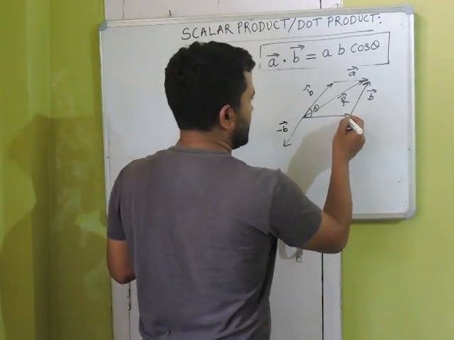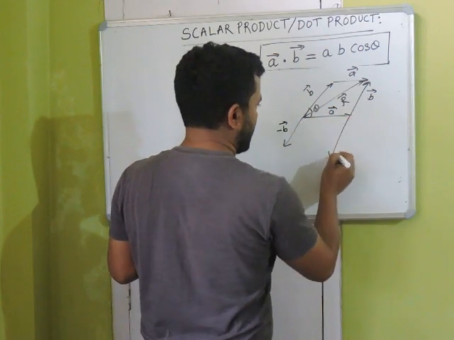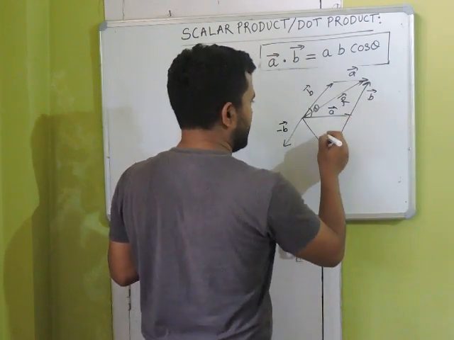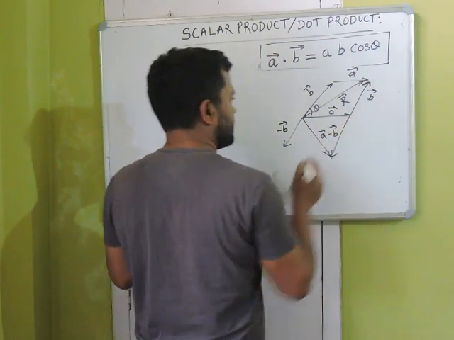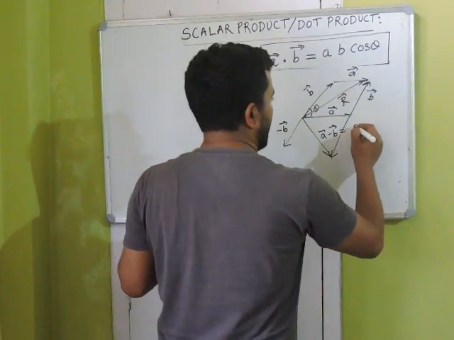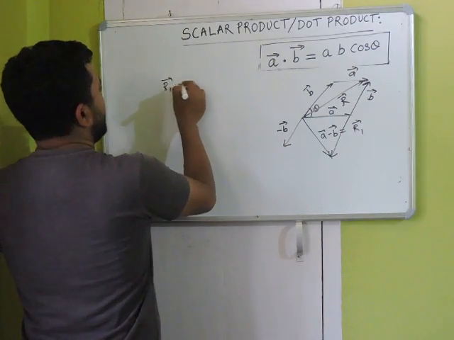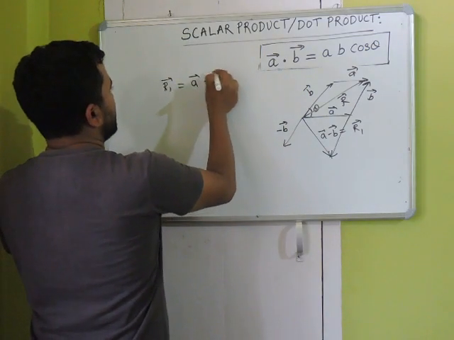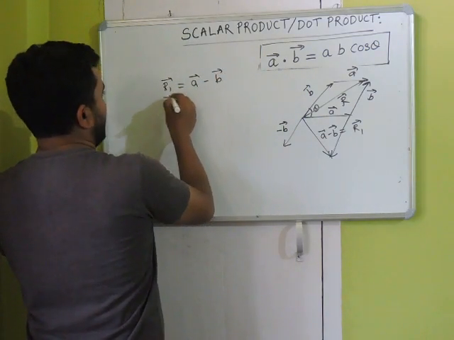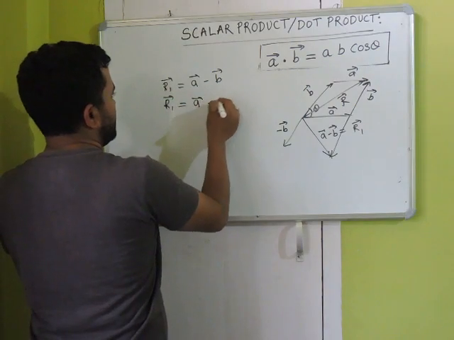This is a, this is minus b, so a minus b vector is this, and let us say this is r1 vector.